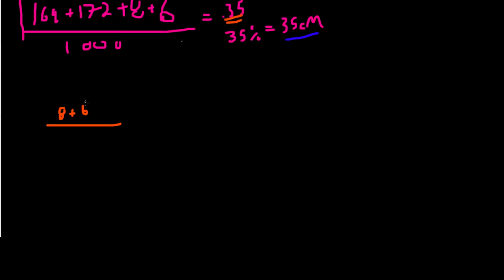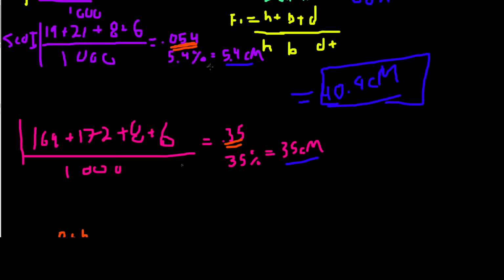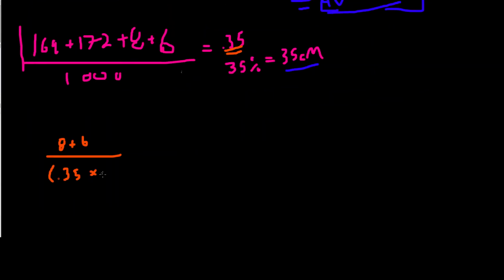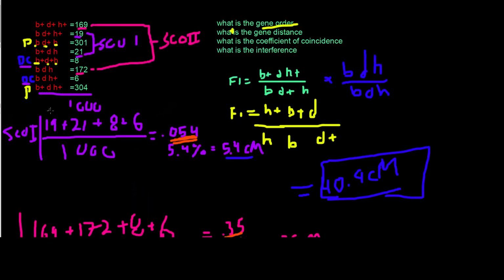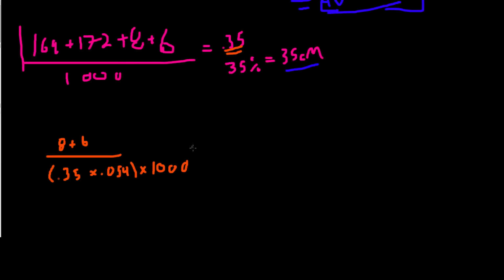What I mean by that is we're going to multiply them in this sense, right? So we get 0.35, and then we multiply it by the 0.054, and we do it in this fashion because we're going to multiply it by 1,000 as well. So we're going to multiply by the total number of gametes produced here.